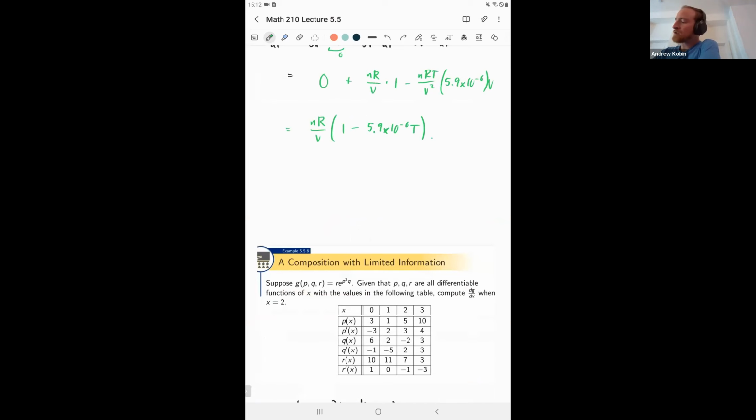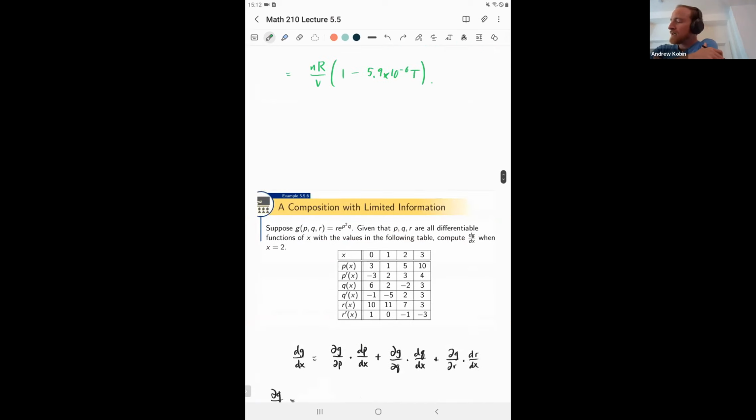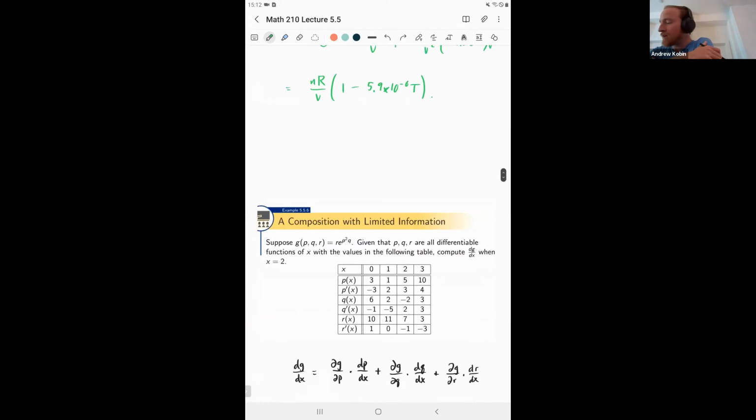I'm going to show you the chain rule for this expression g as a function of one input variable x, and it's given by, as we now come to expect with the chain rule for multivariable functions, 3 different terms because there are 3 input variables p, q, and r. We have the p term, which is the rate of change of g with respect to p times the rate of p with respect to x, and then similar expressions for q and for r.